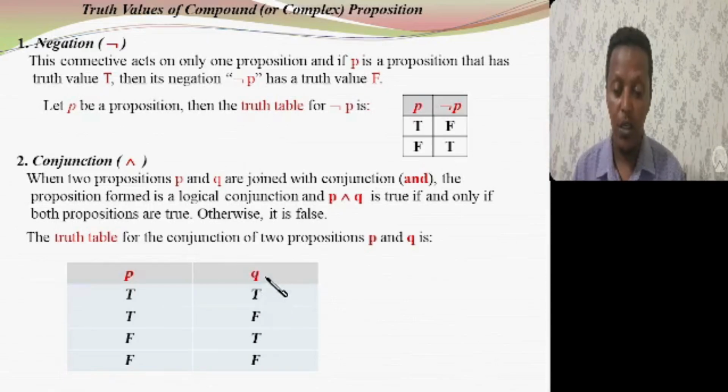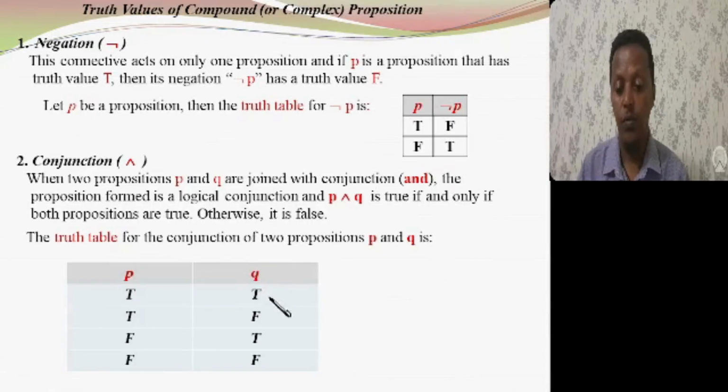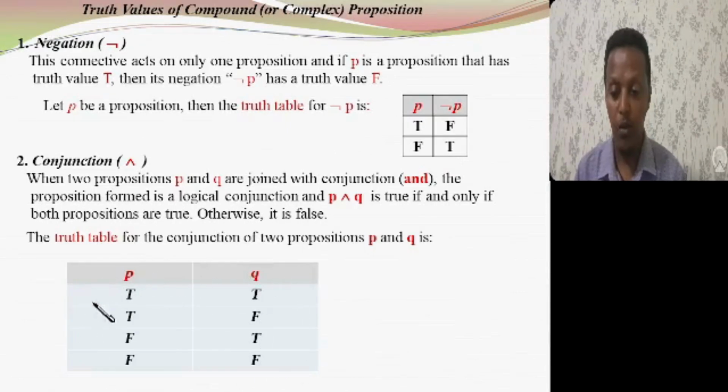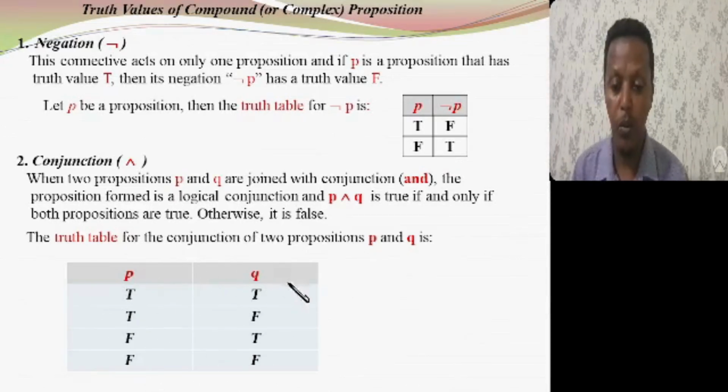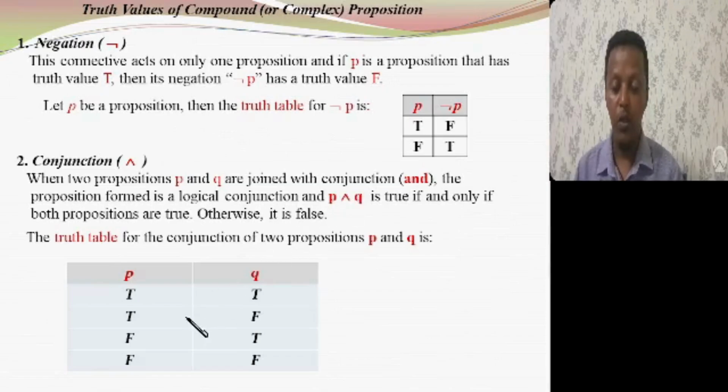The second column Q, you write true, false, 4 times. Total you will have 4: both true, P true Q false, P false Q true, or both false. This is always the way we construct a truth table for a compound proposition having 2 component propositions.